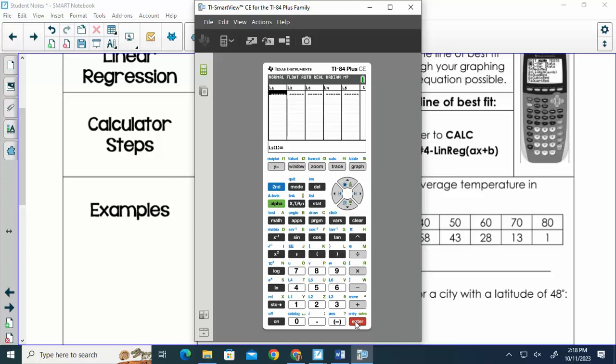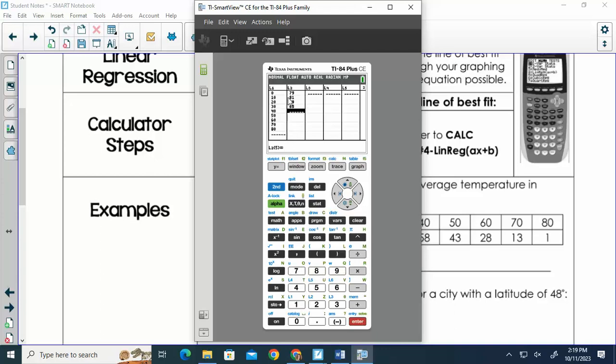So my X's are those latitudes, so we're going to do 0, enter, next one was 10, enter, 20, enter, 30. So you put all the latitudes, those are our X's, in L1, and in L2 I'm putting my temperatures in the same order that they're listed on the table.